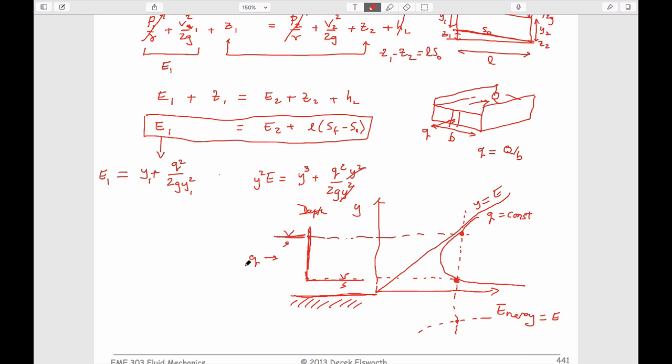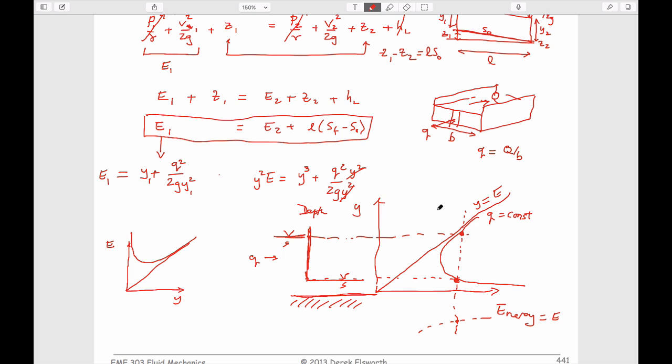So the other couple of things that we need to know is that the minimum energy for this particular flow rate, since this is energy along here, you could think about drawing, we're more used to thinking of things that are minima. If we draw this so that this is energy versus y, then I guess we have a curve that looks like this, right?